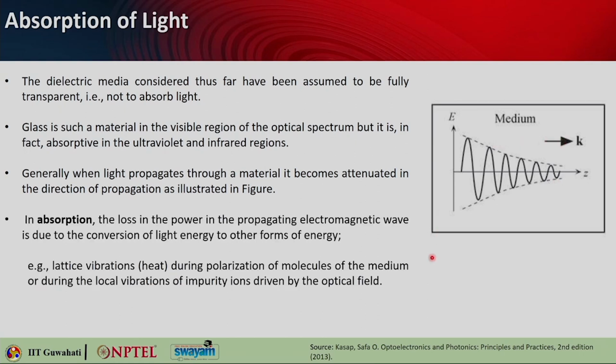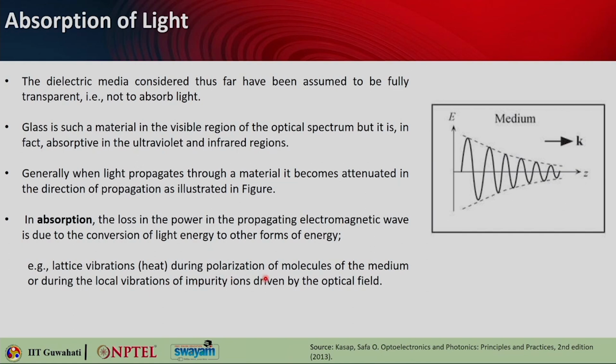So what happens in absorption? There is loss in the power of the propagating electromagnetic wave, and this is mainly due to the conversion of light energy into some other energy form. You all know that overall energy is conserved. So light is losing energy, it means the energy is getting transferred elsewhere, where it can go as lattice vibration, that is heat in the material.